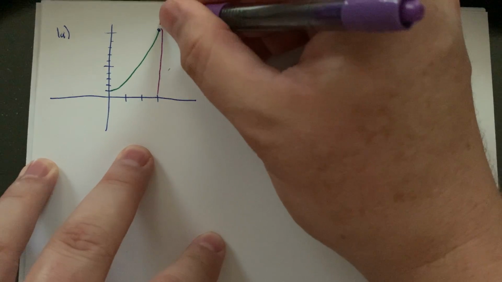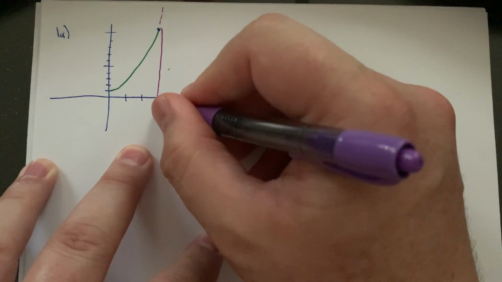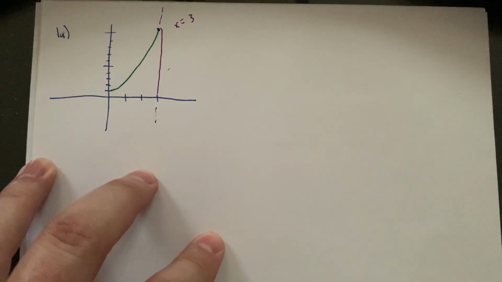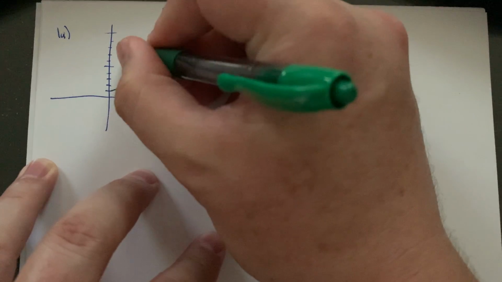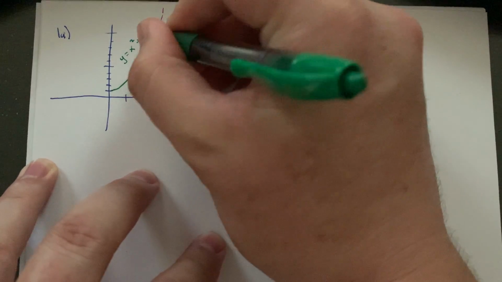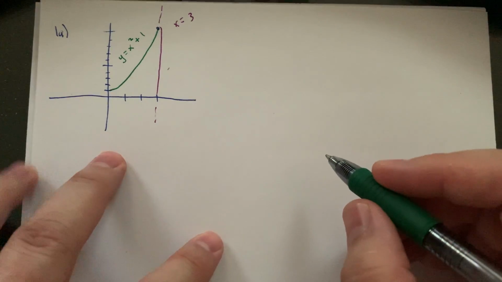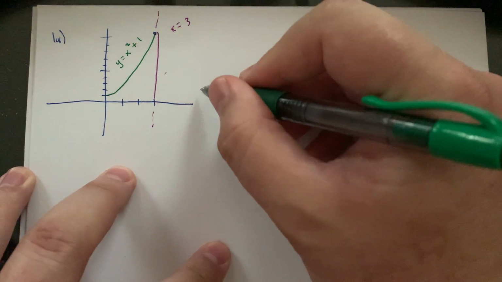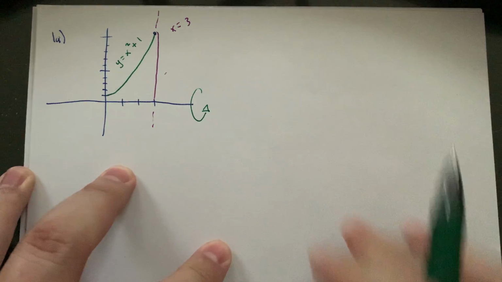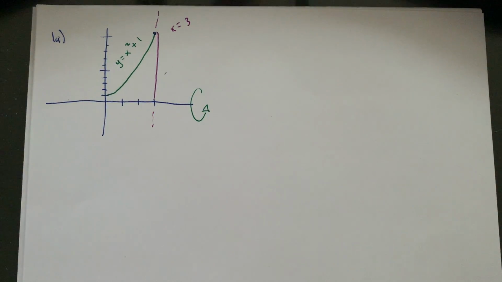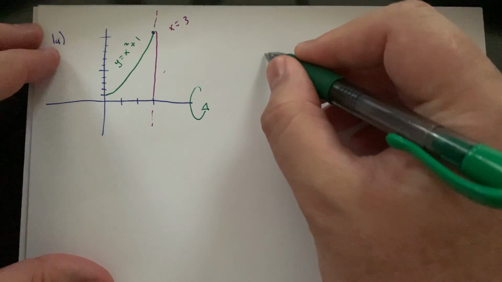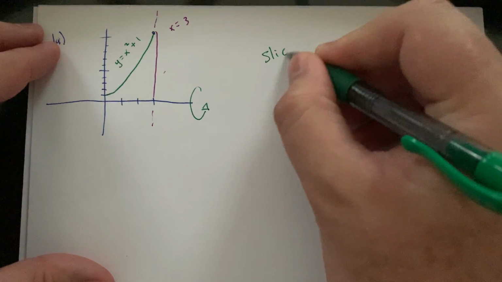Right. So there's x equals 3. This is set up y equals x squared plus 1, and the rotation for us was around the x-axis. So conceptually, what I'm going to suggest here is slicing discs.